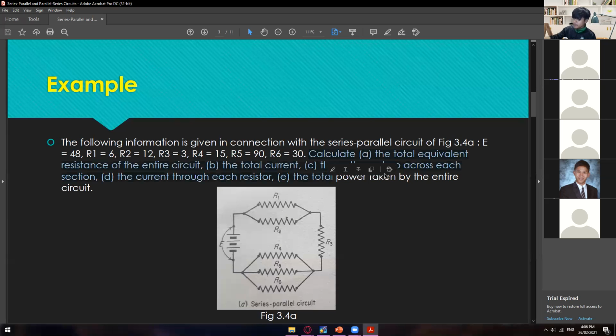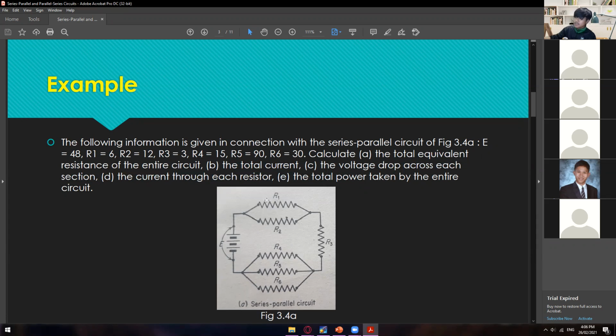So we have here the questions. Calculate the total equivalent resistance of the entire circuit. So you have to add all of those, or you have to know the combined value of those resistors. And letter B, the total current of your circuit, and then the voltage drop across each section.